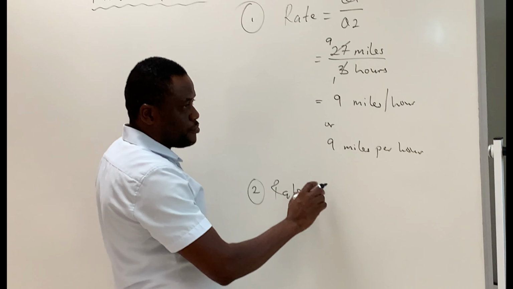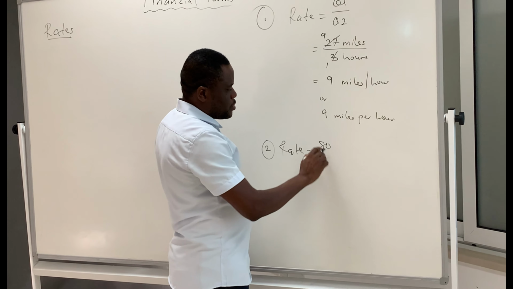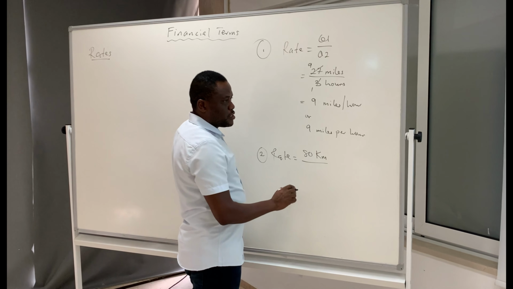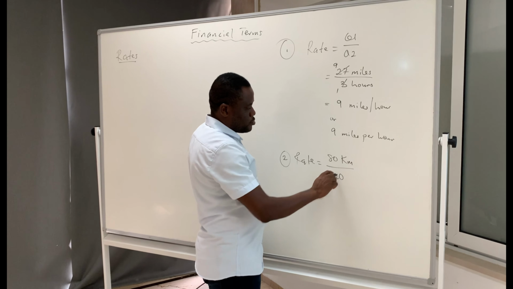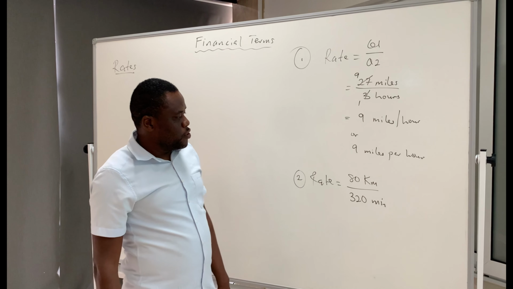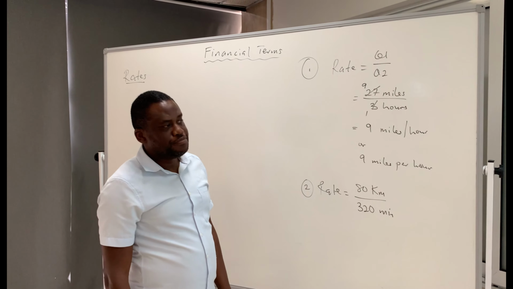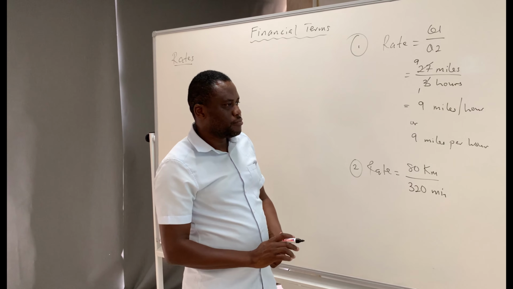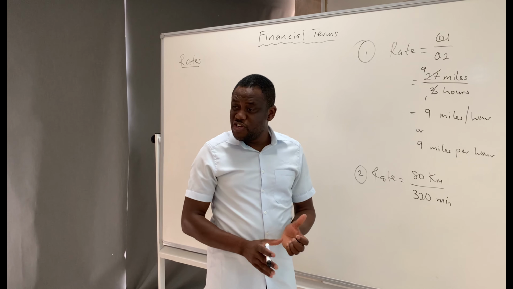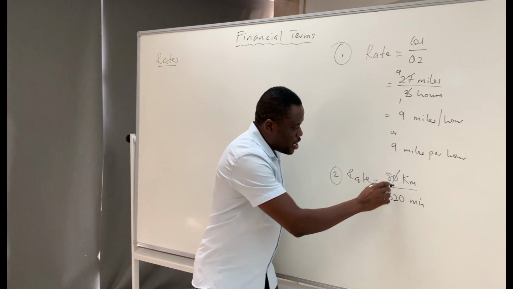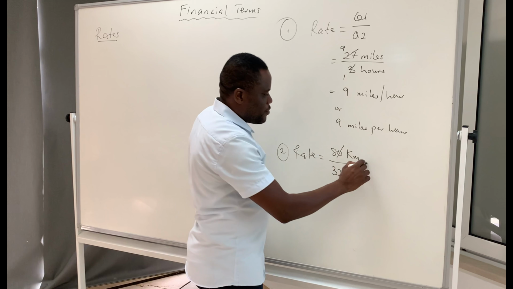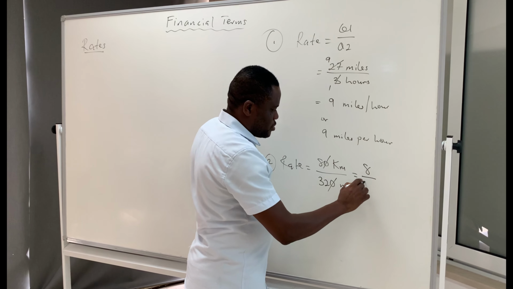So we have 80 kilometers and he spent 320 minutes. So, to the lowest terms is very important. I want to look for a very short method. The 0 can cancel this 0. We all agree, right? What is left? We are left with 8 by 32 kilometers per minute.